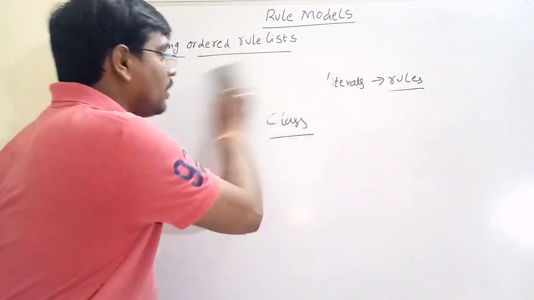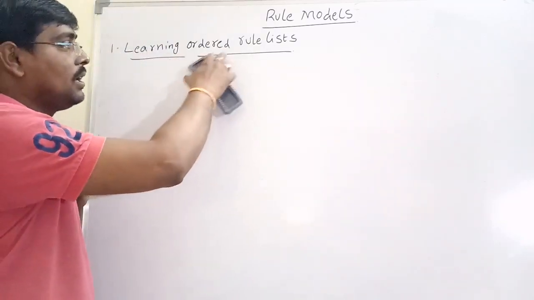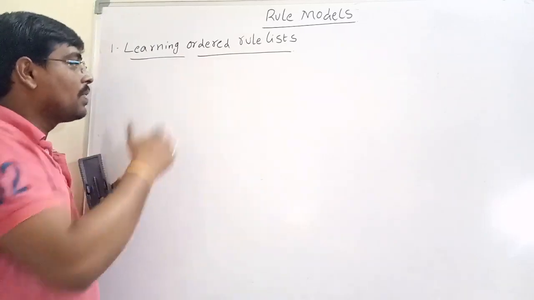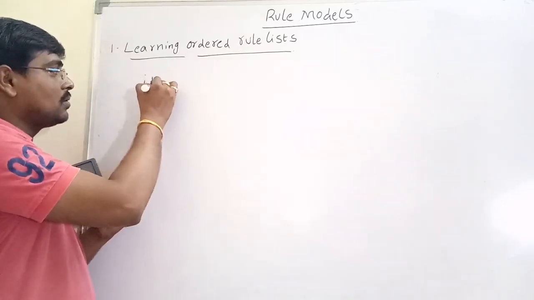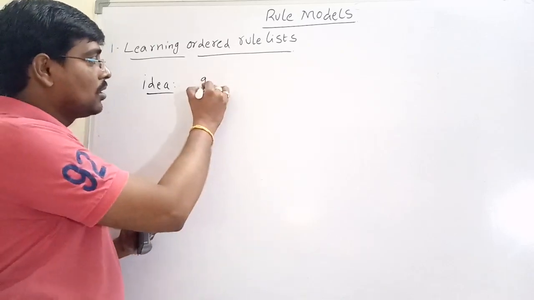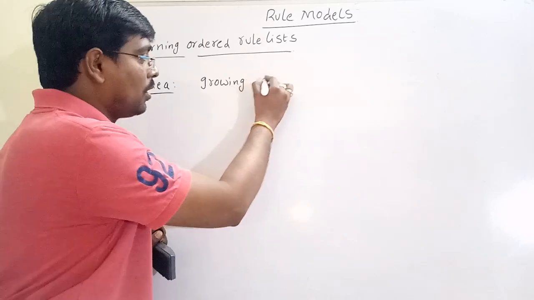Now, come to the first topic. In this session, we will discuss learning an ordered rule list. What is the main idea? The main idea is growing, that is, increasing the rule body.